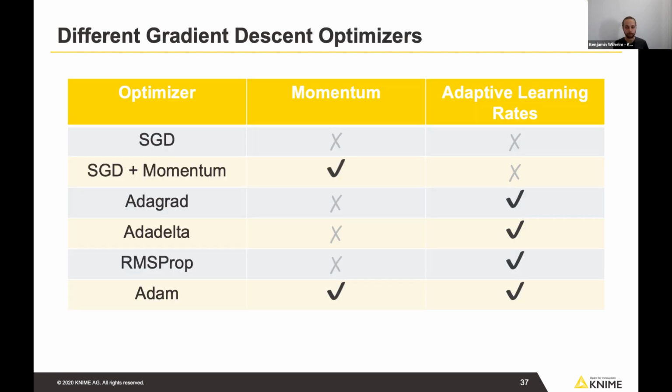With these improvements, we have certain optimizers that have slightly different formulations, and they are listed here. As you can see, the last one, the Adam optimizer, actually has both the momentum term and the adaptive learning rates.